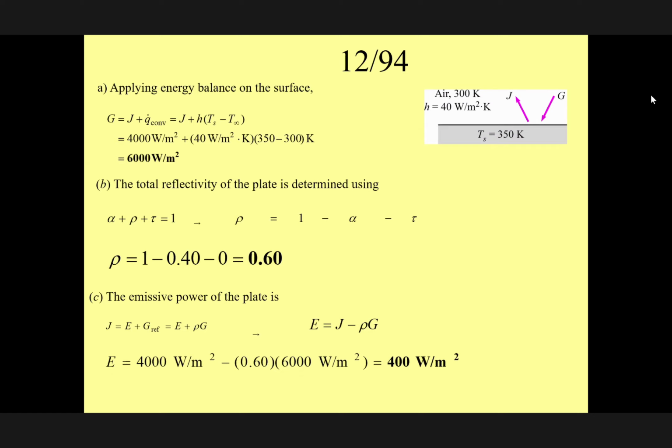Sir? Yes. So rho is reflectivity, right? Rho is reflectivity. Okay.